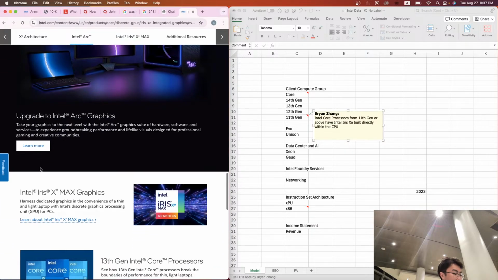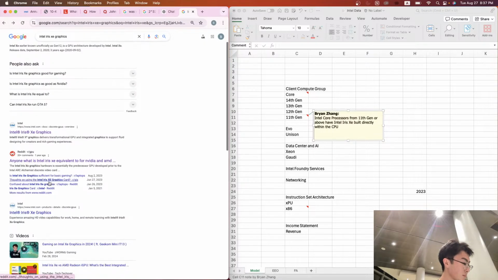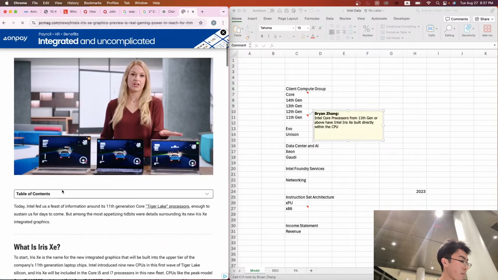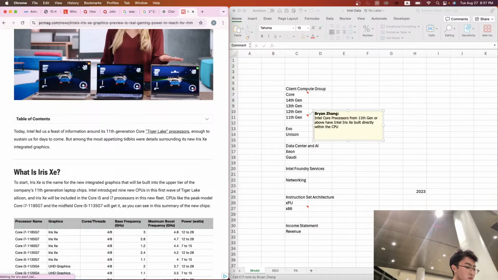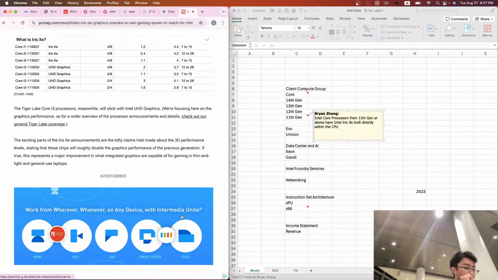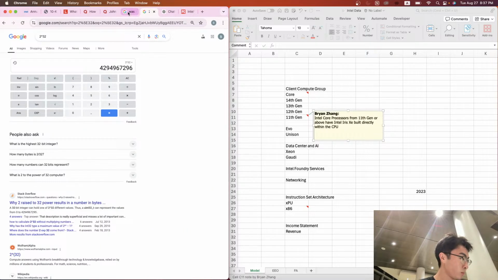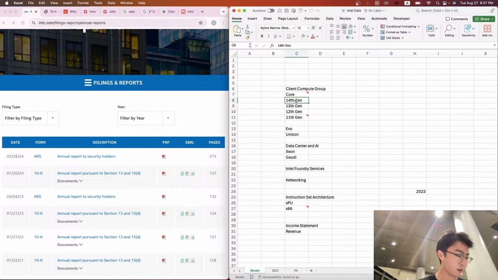AI enhanced. Okay, so this is where we could see it. Okay, so we have different generations. I think 14th gen.